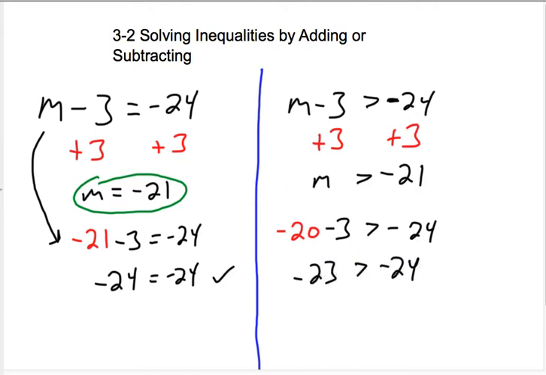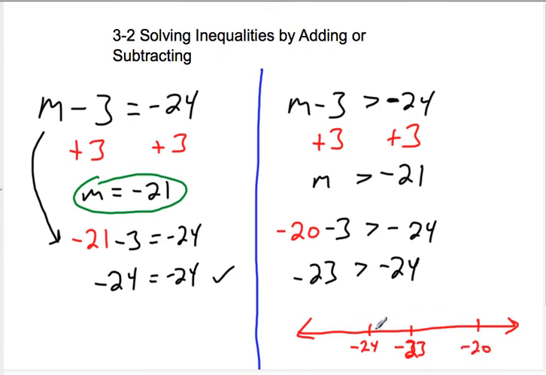Sometimes this looks a little interesting for people when we're dealing with negative numbers. Remember, negative 24 is over here, negative 23 is here, and then whatever, this might be negative 20 or something.